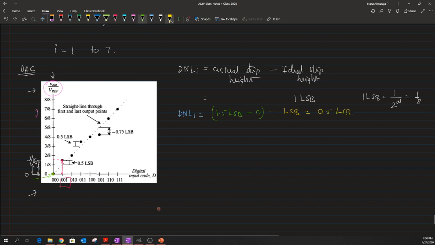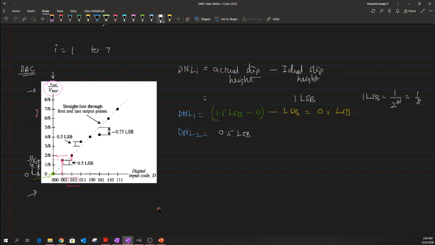So, next comes the DNL of 2. Again, I am going to extract the difference by applying the input as 010, and for that we have an output equal to 2 by 8. We have to read out the difference between the previous value and the current value, and that gives us a difference of 0.5 LSB. Okay. It is the difference that I am writing.